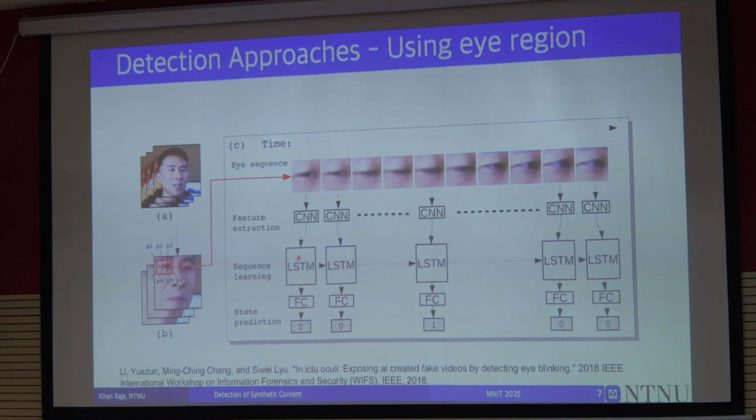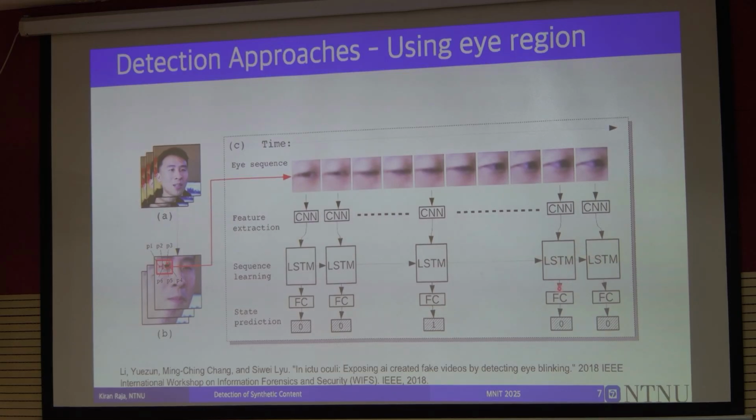You have a CNN, you extract the CNN features, and since we are talking about video, it's signals over time. So I can go from 2D signals to a 1D signal by plugging in an LSTM, and on each of these frames I can make a detection, or I can combine all these detections together and come up with a final answer.